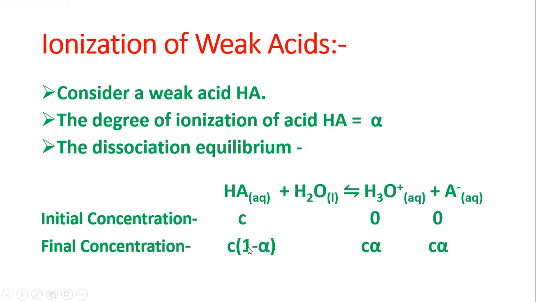The C(1 minus alpha) will be the remaining concentration of HA, and the C alpha is the concentration of the ions which are produced. Now how this comes out to be C(1 minus alpha) or C alpha, let us see in another slide.